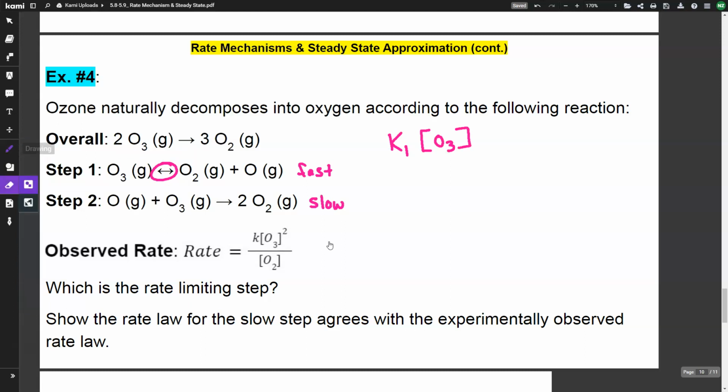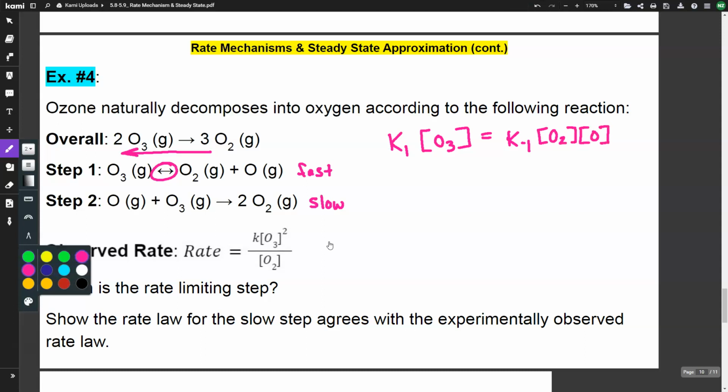Going in the reverse direction, our reactants are O2 and O. So I'm going to set that equal to the reverse rate constant, K minus 1, and then we are going to have O2 and O. O is our intermediate, so we need to solve for O. Let's rearrange this to get O by itself.